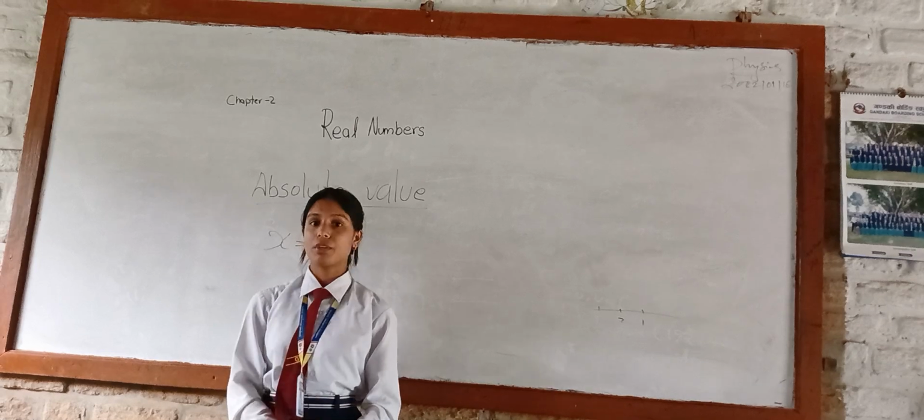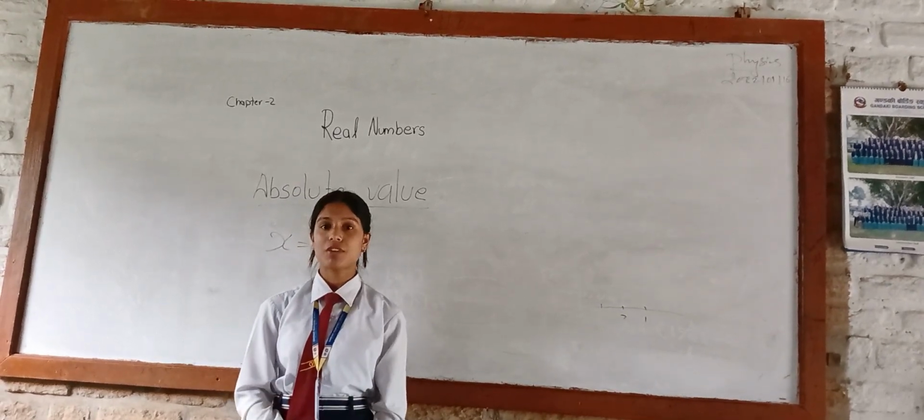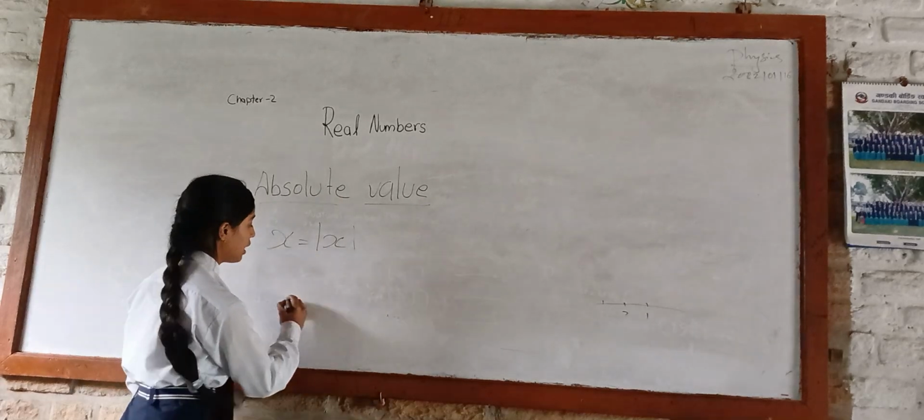So for example, the absolute value of 5 is 5, and the absolute value of -5 is also 5, on a number line.